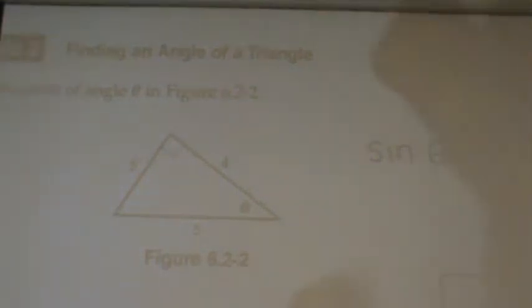If you chose sine, the sine of this missing angle is equal to opposite over the hypotenuse, so 3 to 5. For those of you that chose cosine, your ratio would be 4 over 5. And for those of you that like the tangent, yours would have been 3 over 4. So any one of these three will work.